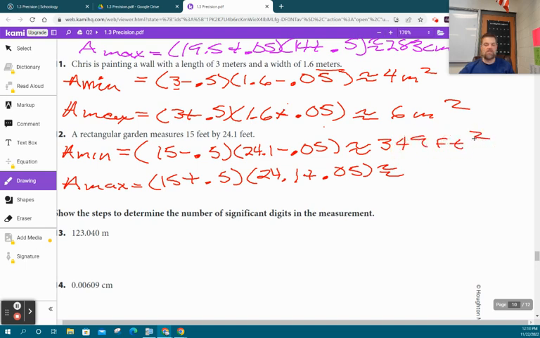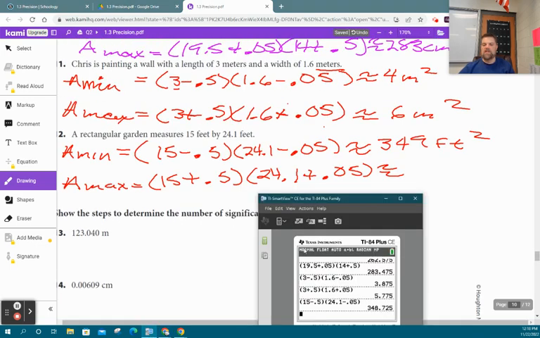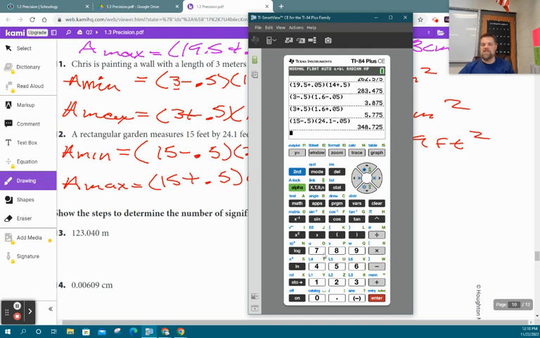Actually, I think we'll just finish this whole thing. So now I got to do the same thing, but instead of subtracting, what do I do? Add. So we're approximating based on an overestimate or an overmeasurement or an undermeasurement. That's what the plus and minus stuff is about.